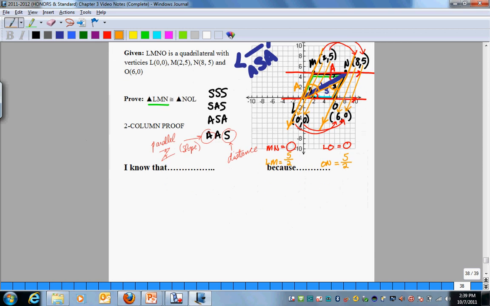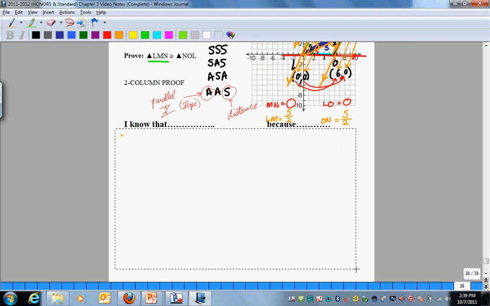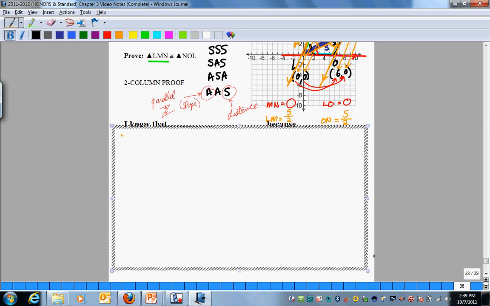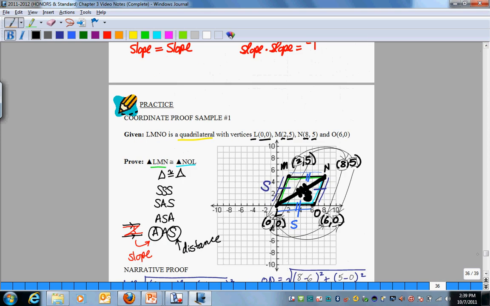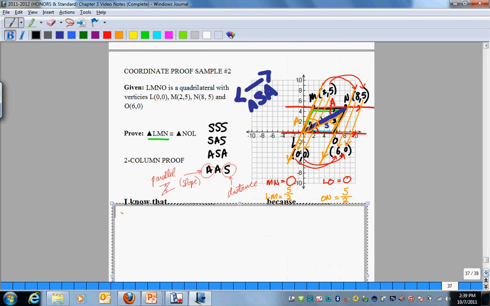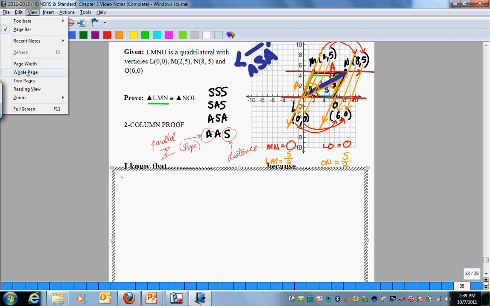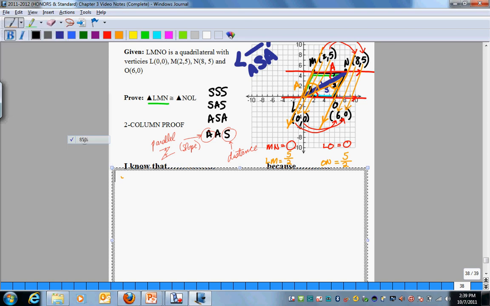So let's summarize what we have here. I'm going to use the I know that because method, also known as the 2 column. Okay, so let's start with the given.